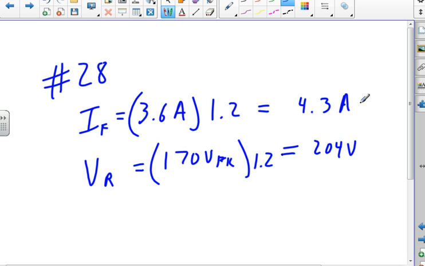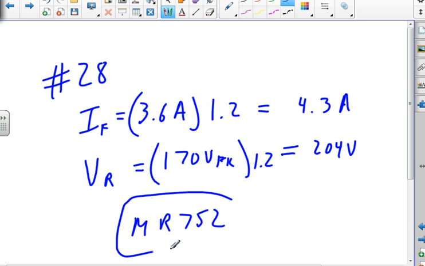So we'd probably go with 200 volts in the reverse direction, and we need 3.6 amps. So that looks like our only choice is the MR752 for a diode.